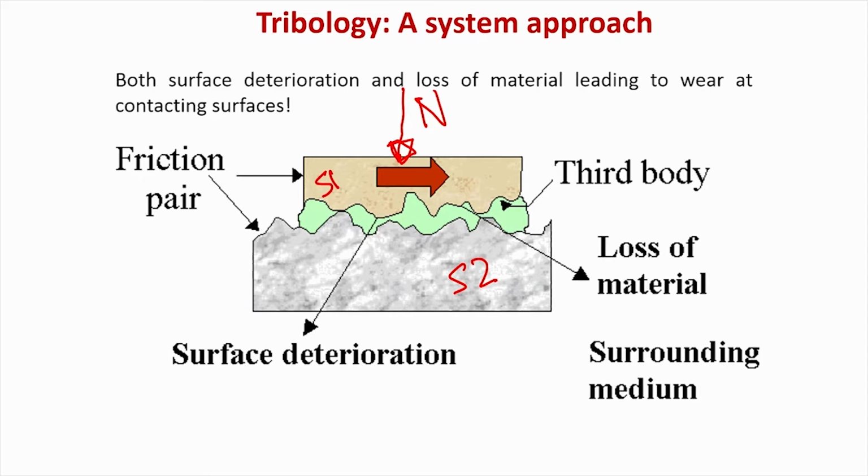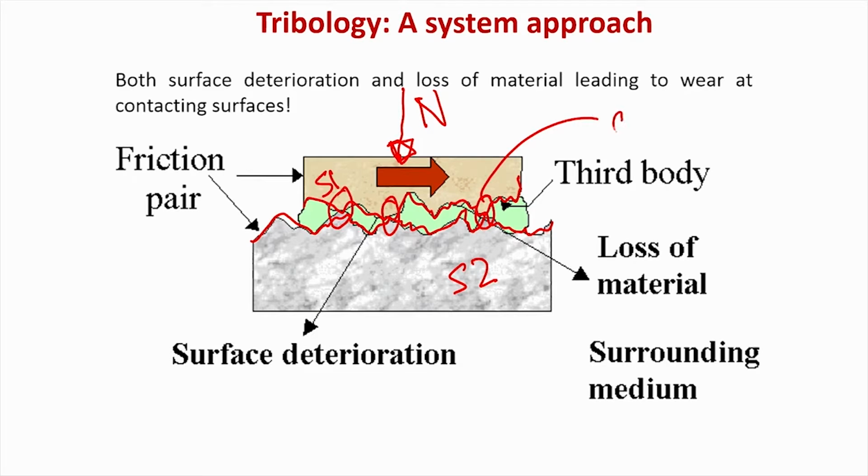What you see here is the projection of asperities from the top solid, and from the bottom solid there is also a projection of asperities. These two asperities meet at certain points, and these particular spots are called asperity junctions.